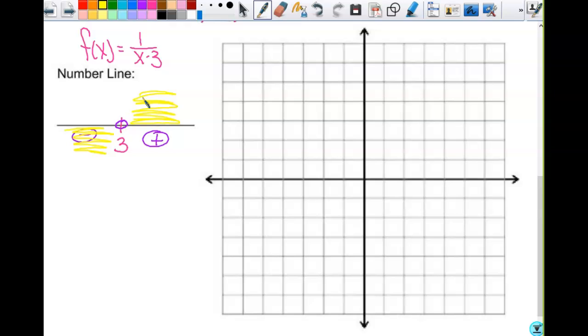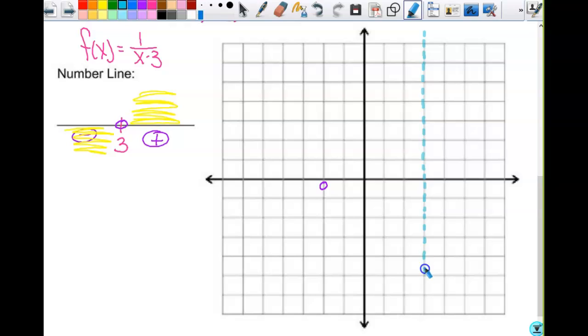Okay. So then I'm going to go through and just plot everything I know so far. Instead of me scrolling up and down, I'm going to look at my paper where I have it written. So I have a hole at (-2, -1/5). So I'm going to go to (-2, -1/5). That's where I have a hole. I don't have any roots because it's the empty set. I have a vertical asymptote at x equals 3.